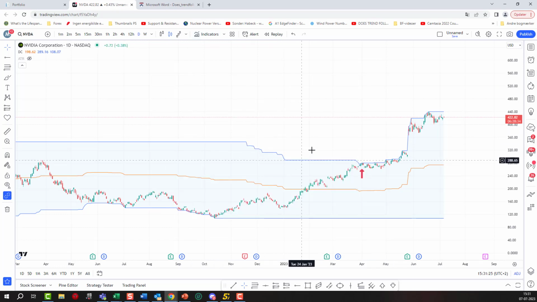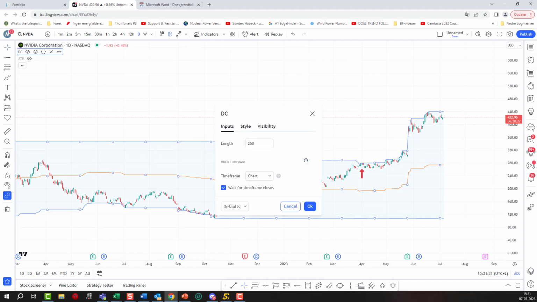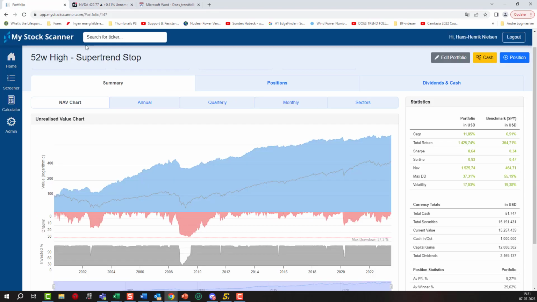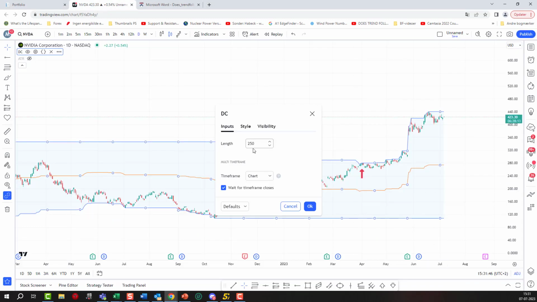The Donchian Channel simply shows you the highest level the price has been in X number of days. This strategy is going to buy the stocks that reach the 52-week high, meaning the highest price that the stock has been the last 52 weeks. Now what I put in here, I put 250 days.